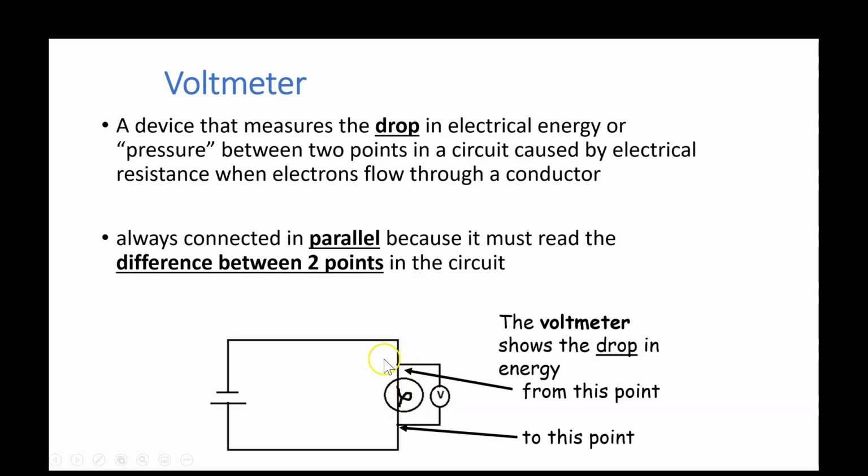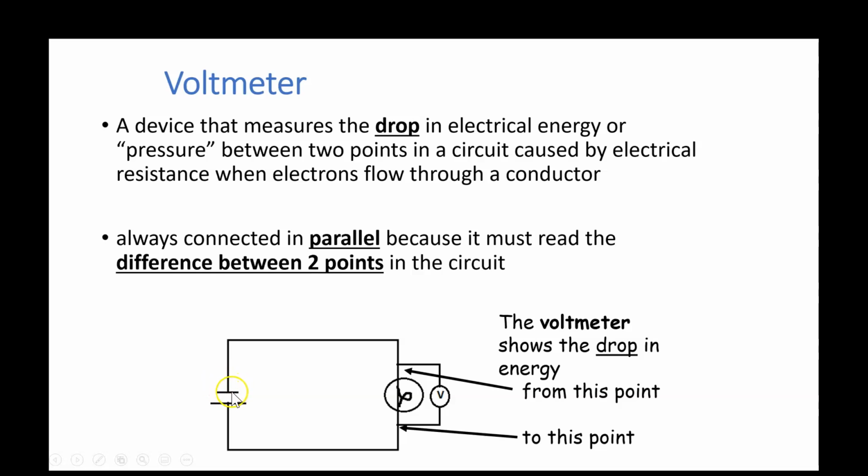And that's why it's going to be higher electrical potential energy here than compared to here. And that's what the voltmeter is reading. It's going to measure the difference between these 2 points in terms of electrical potential energy. Okay, and that's why we have to always place a voltmeter across the bulb.